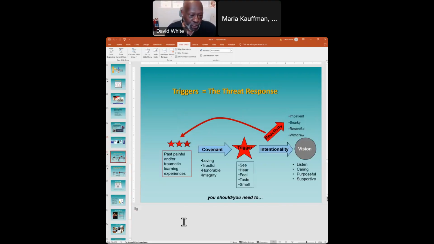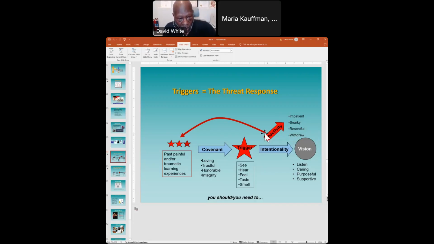Now, how do triggers work? You're going along here, you have your covenant, and your covenant says, I want to be loving, trusting, honorable, and have integrity. Now you're moving along and your 5 senses are at work and you see something that triggers you. You do not continue on this path of intentionality. You instead become reactive. You become impatient, snarky, resentful, and withdrawn.